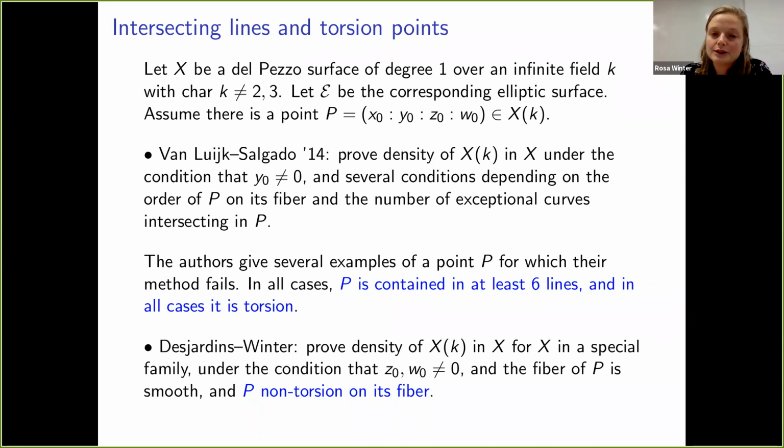And this point has to be on a smooth fiber and be non-torsion on its fiber. So often you want conditions like non-torsion because then you have very many points, but this seems to somehow coincide sometimes with being contained in many exceptional curves.